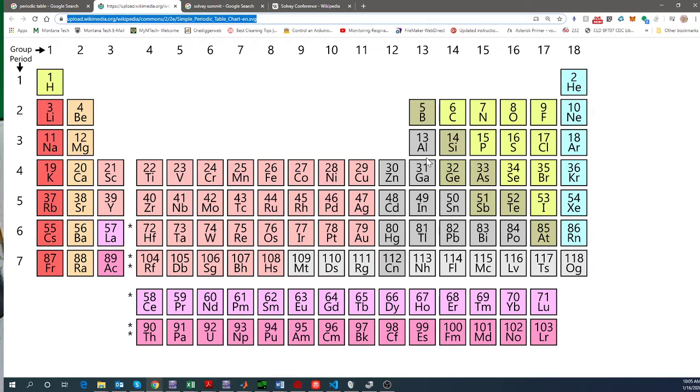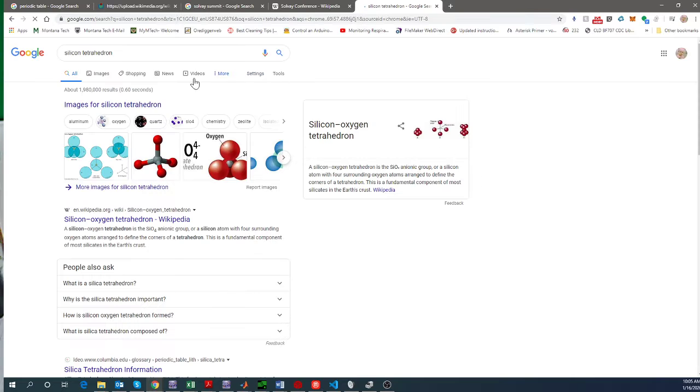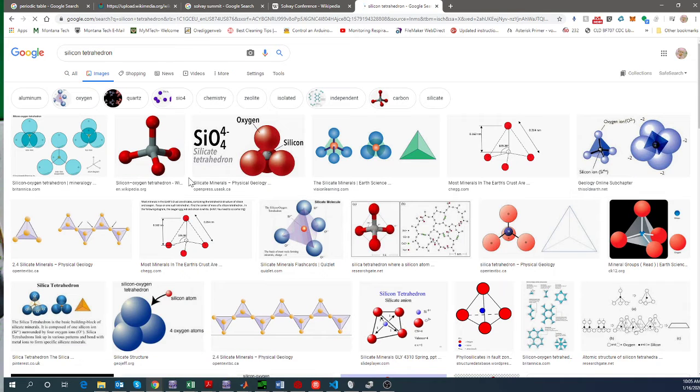And there are some other important characters in here. Aluminum here at number 13, phosphorus, germanium, arsenic, and gallium. What we want to do is make what's called a crystal. Let me see if we can find a silicon tetrahedron image.